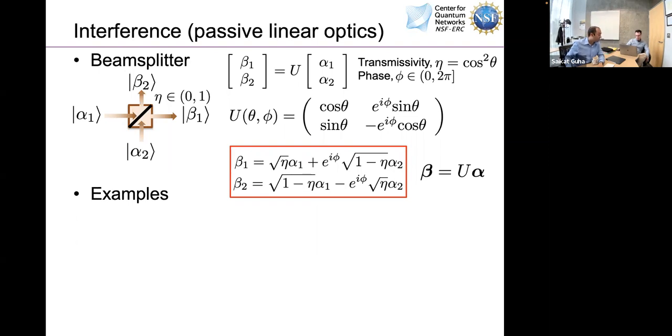And by the way, what you will see in Christos's portion of module 2 is that this property, that a beam splitter mixing two light pulses, generating a tensor product of two light pulses at the output, is a unique thing that only happens when those modes, the input of that beam splitter, are excited in coherent states.